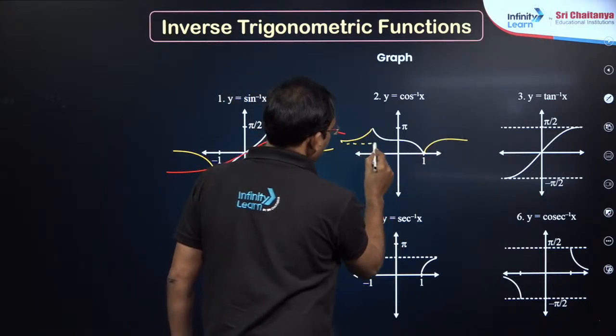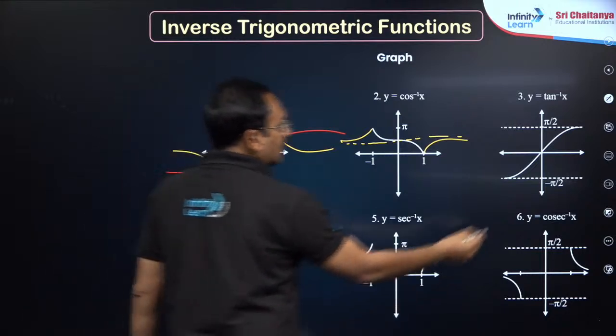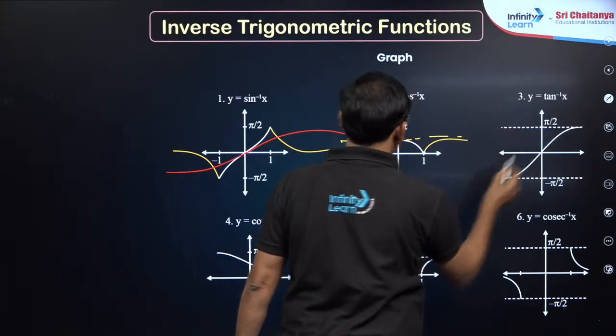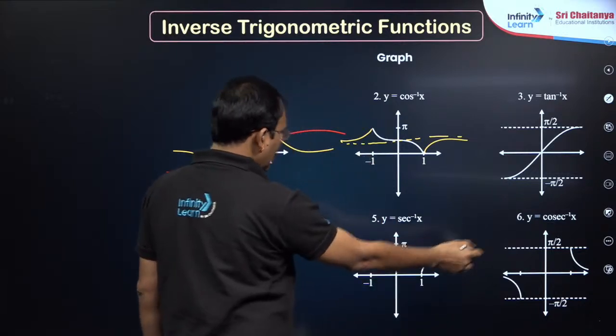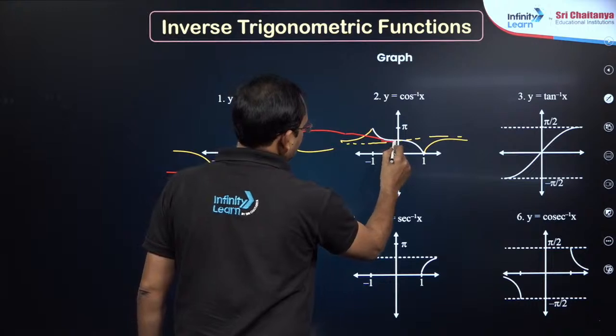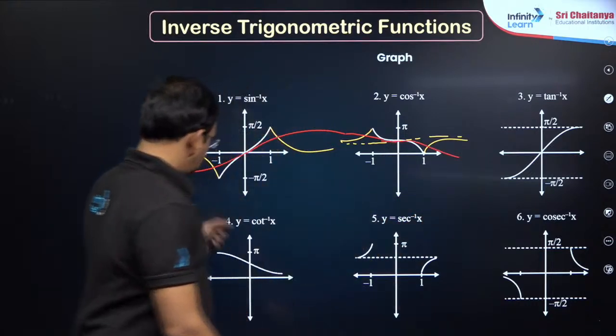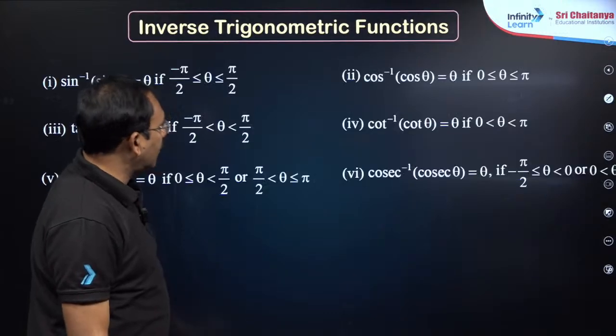Here there will be a dotted line at pi by 2. This is going to be secant inverse x, and then the cot inverse x graph would be here. It will go like this, a decreasing function. Okay, so please go through the graphs.